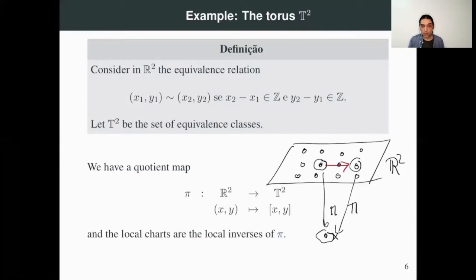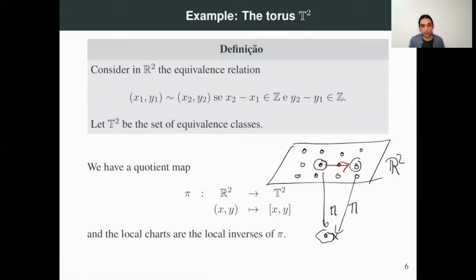So we are in a situation in which we can give a structure of manifold in which the coordinate changes are translations. So in particular, they are real analytic. So the torus has a structure of real analytic differentiable manifold.